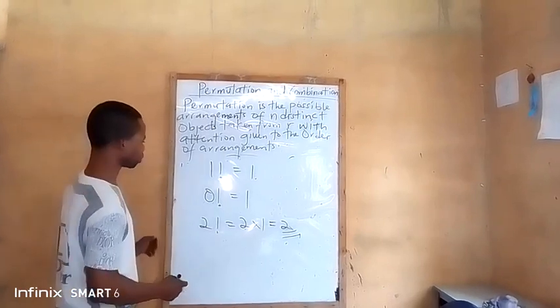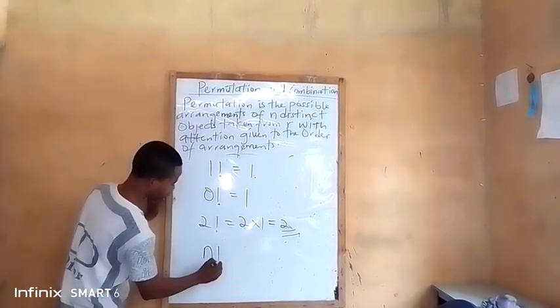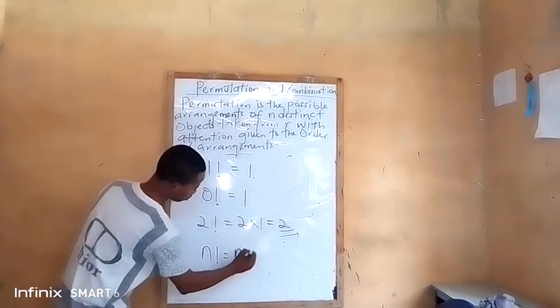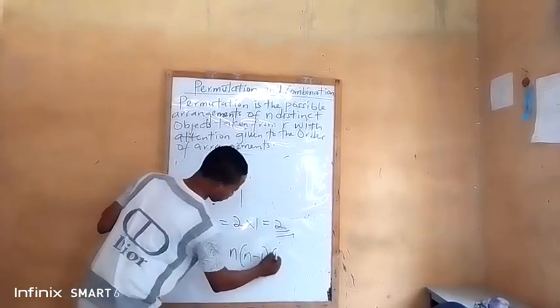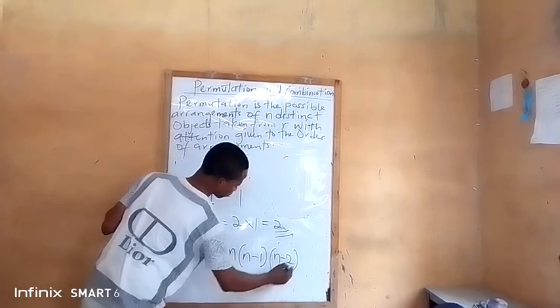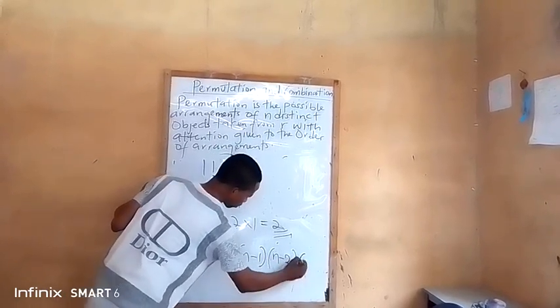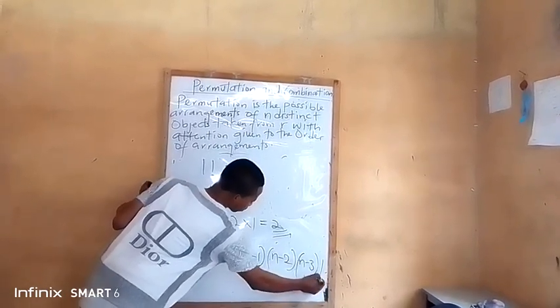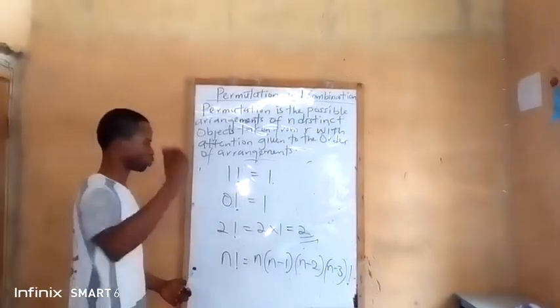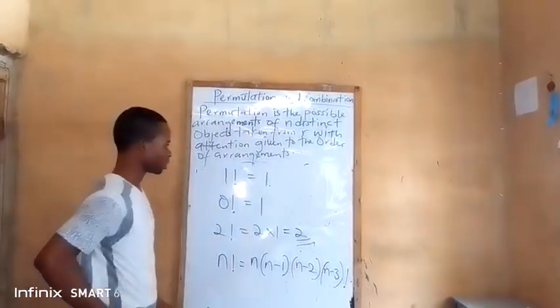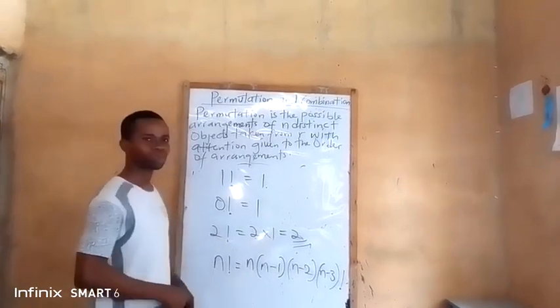And so on and so forth. When we have n factorial, it will be n, open bracket, don't forget, n minus 1, n minus 2, n minus 3, and so forth. You can go like that, just be counting backwards, especially when it's in n. So that is for permutation.